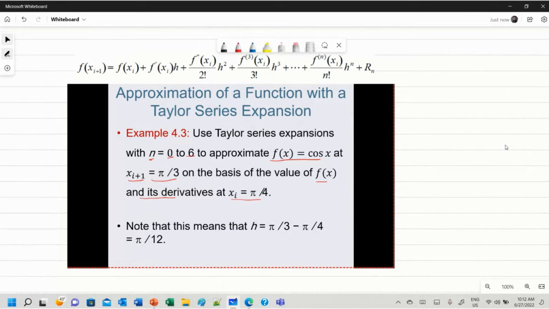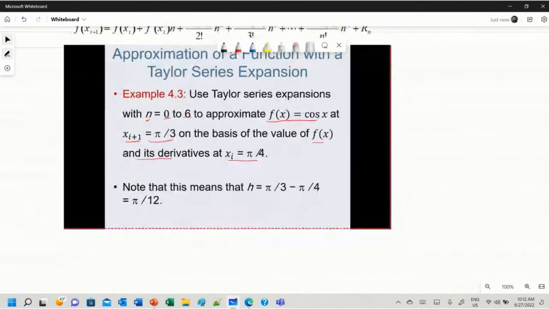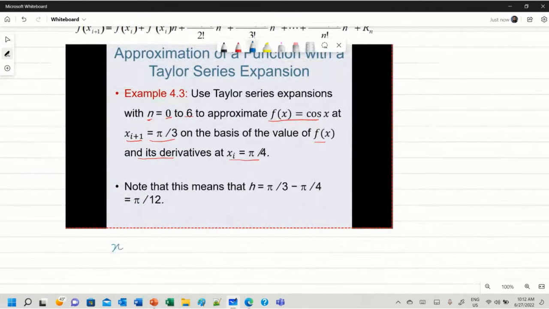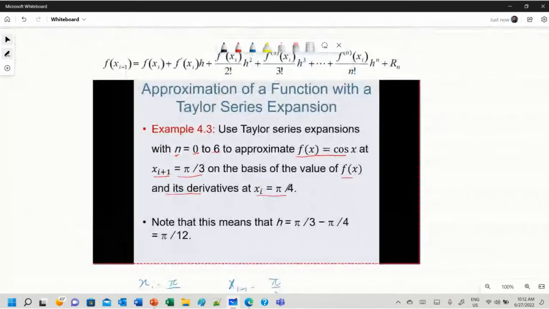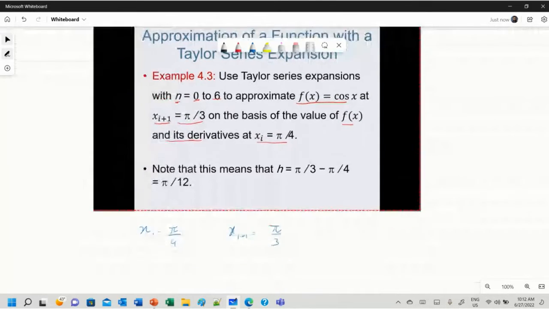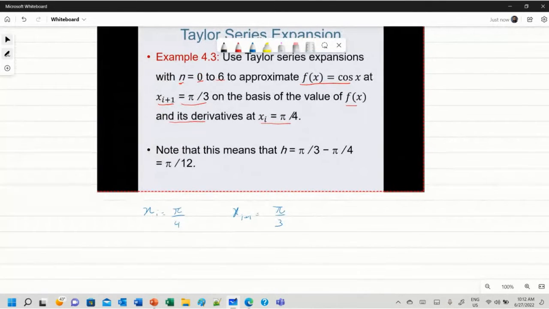So xi is given to us as pi by 4. Xi plus 1 is given to us as pi by 3. And the function is cosine x. Now, if we take n from 0 to 6, we'll start first with the simplest one, which is the 0 order.